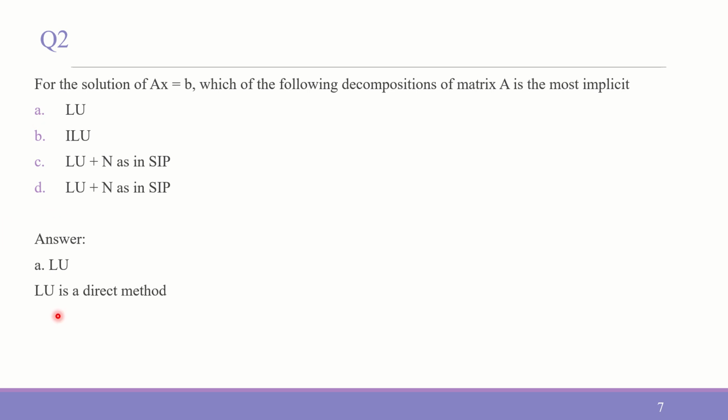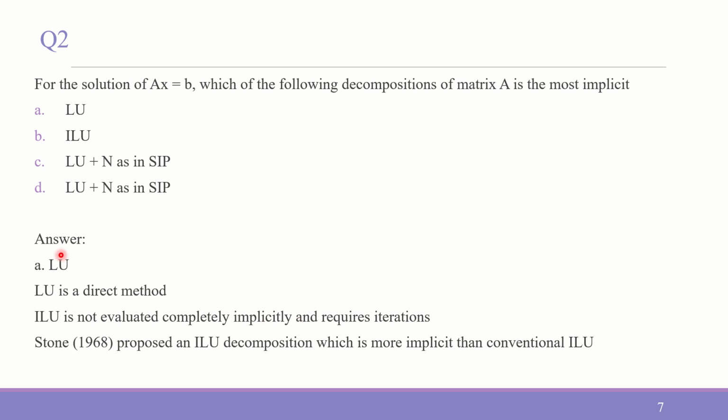Why is LU a direct method and ILU is not? ILU is not evaluated completely implicitly and it requires iterations. Stone in 1968 proposed an ILU decomposition which is more implicit than the conventional ILU.